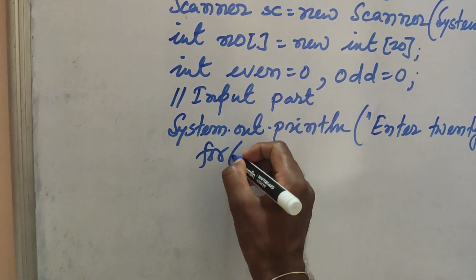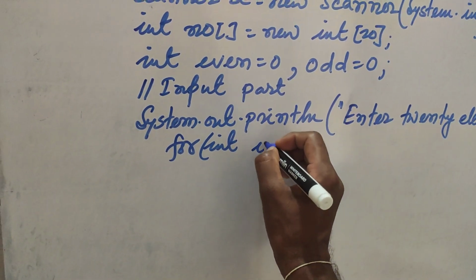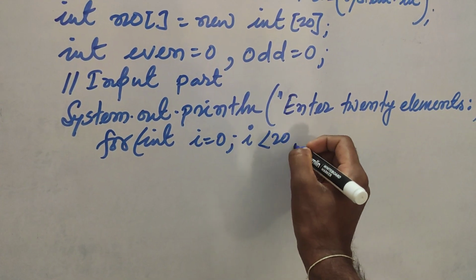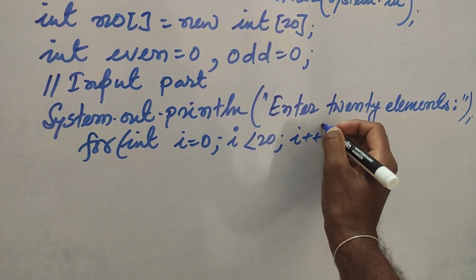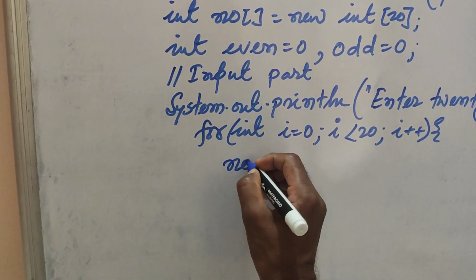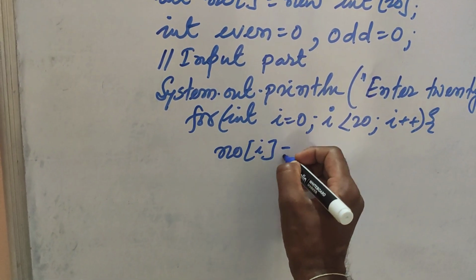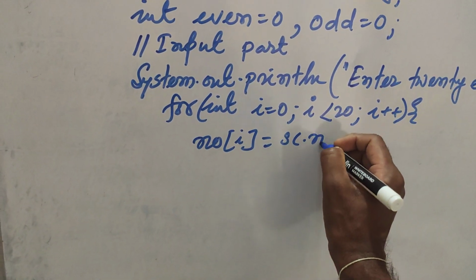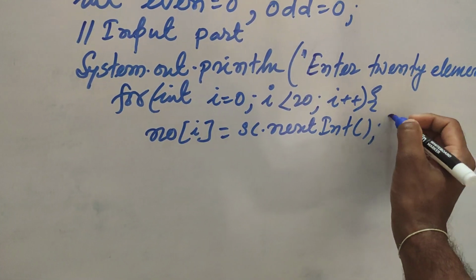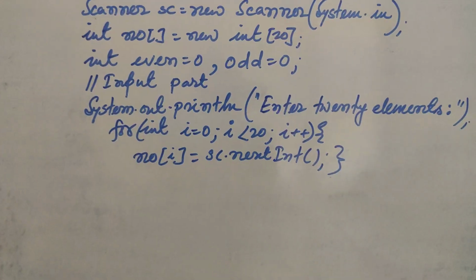Now for input also you have to give the loop: int i = 0; i < 20; in the same place, number[i] = sc.nextInt(). Complete. Your input part is completed.